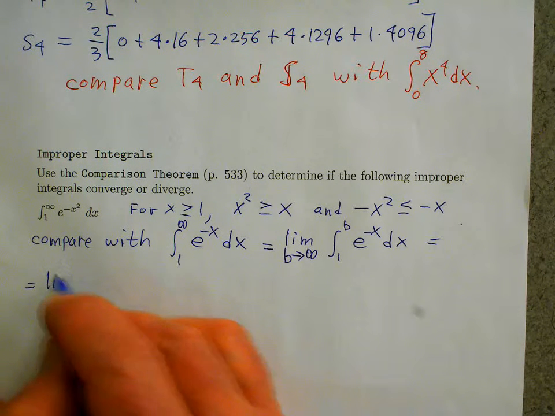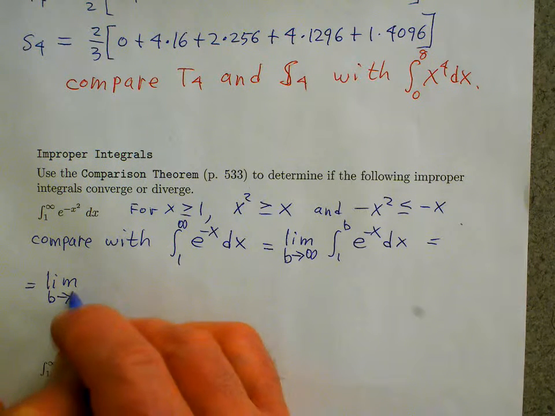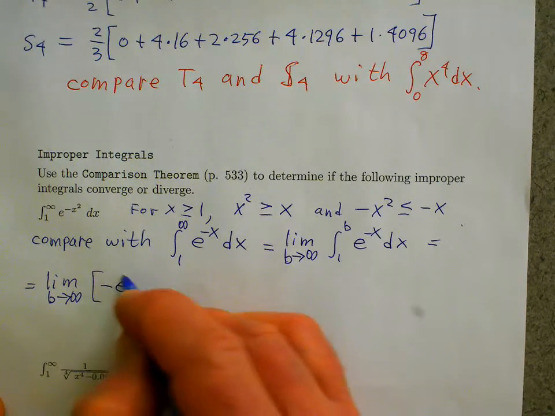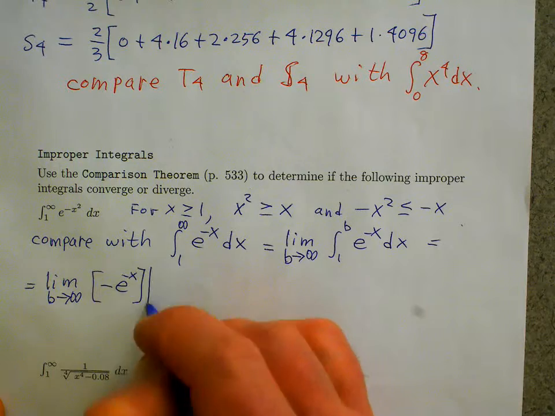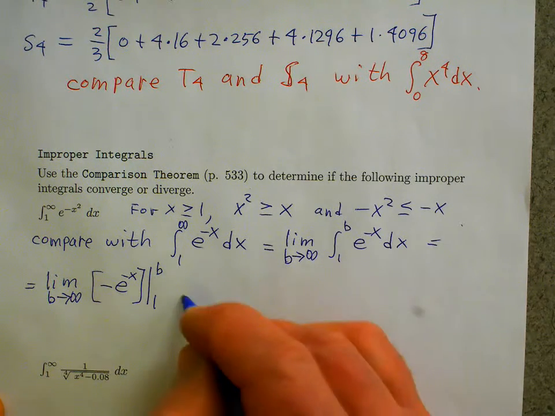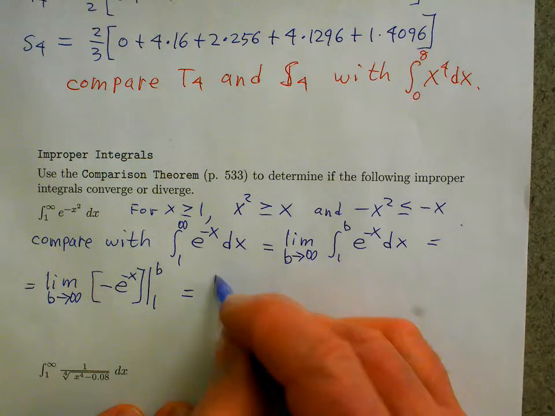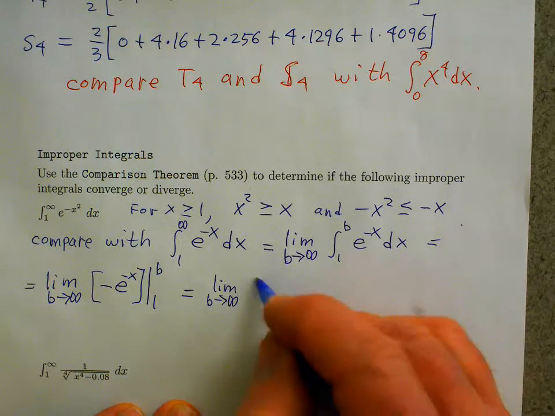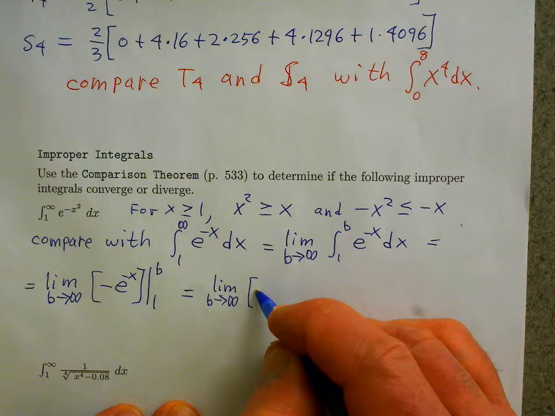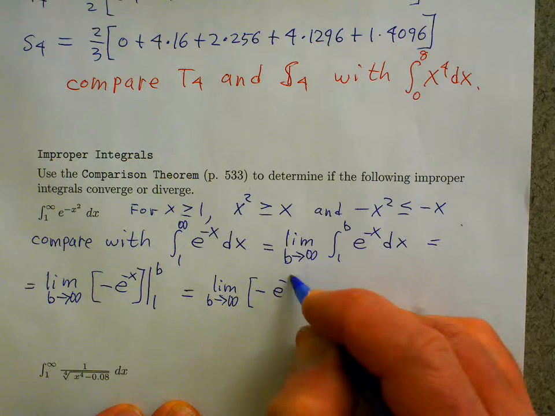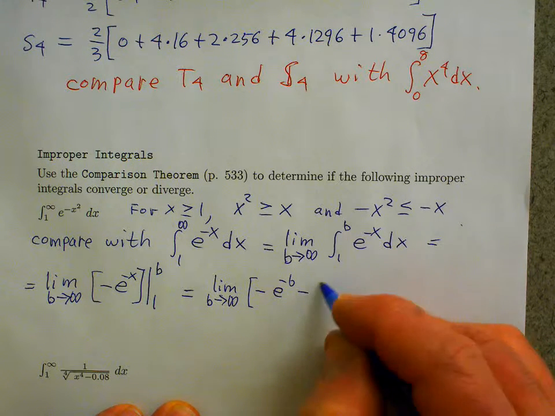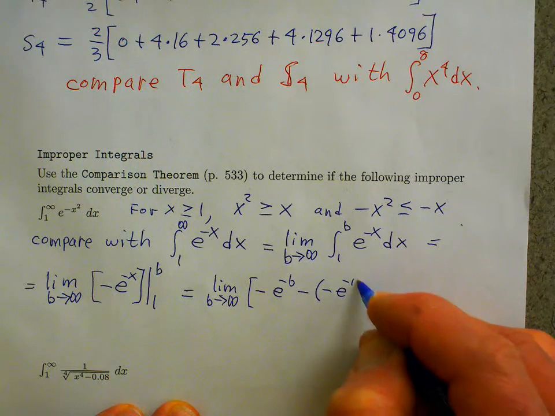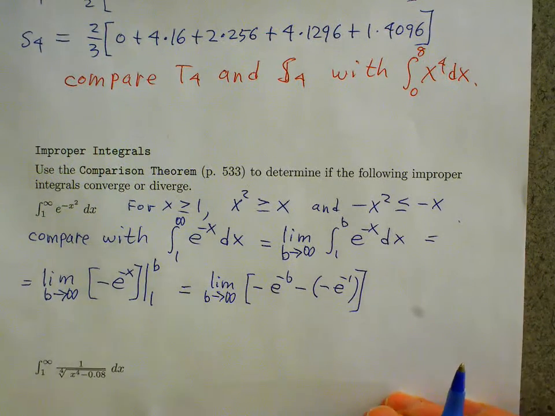So this is the limit as b approaches infinity of negative e to the negative x from 1 to b. So the limit as b approaches infinity of the negative of e to the negative b minus the negative of e to the negative 1.